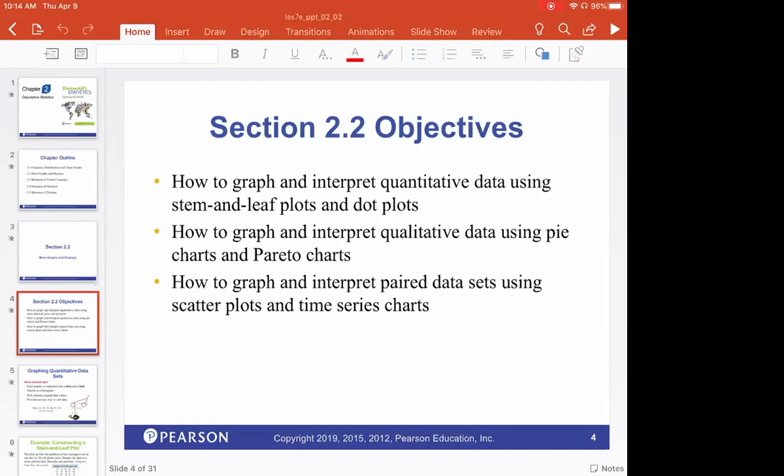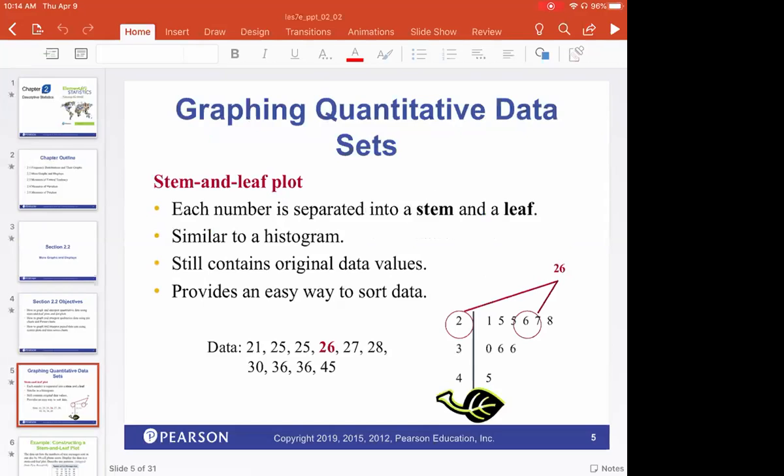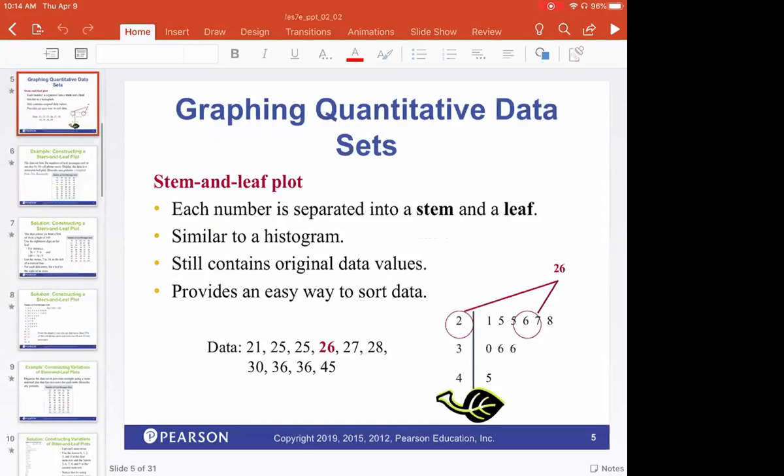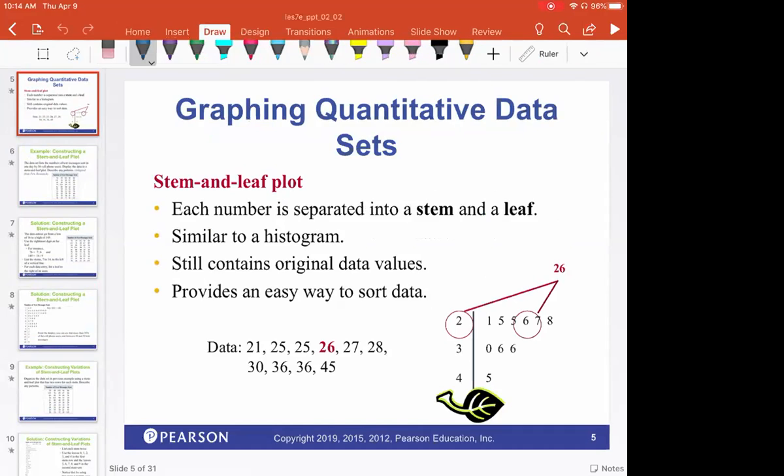All right, first we have stem and leaf. Stem and leaf is helpful because it tells us two things. It tells us the data, but it also kind of gives us a type of bar graph because we know how many we have in that range.